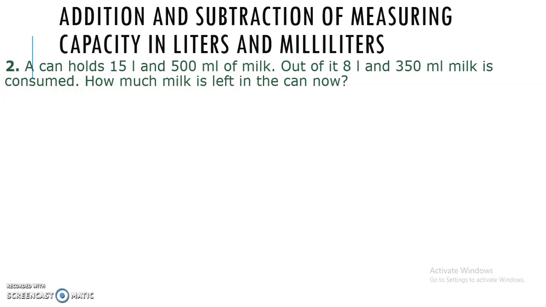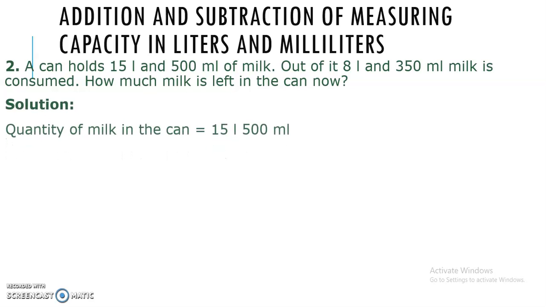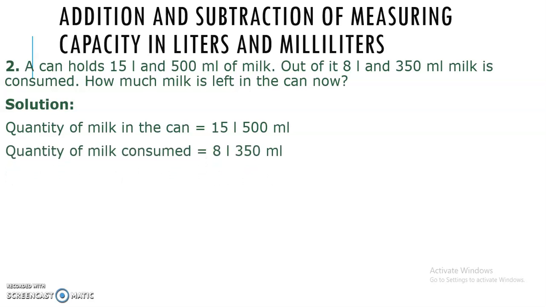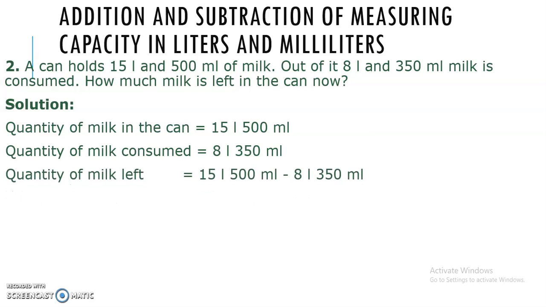How much milk is left in the can now? What was the quantity of milk in the can before it was used? 15 liters, 500 milliliters. What quantity of milk was consumed? 8 liters and 350 milliliters. So the quantity of milk left will be what?